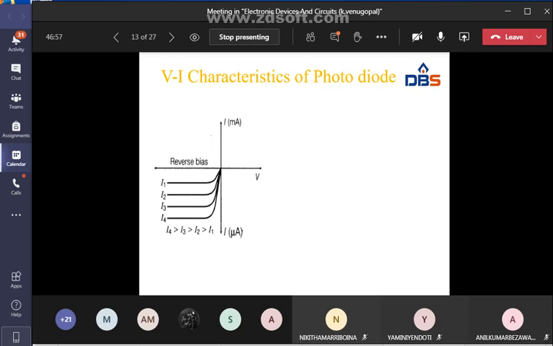If the light intensity is low, the photocurrent is also low. If the light intensity increases, the photocurrent also increases linearly. So the photocurrent depends on the intensity of the light, not on the applied reverse voltage.